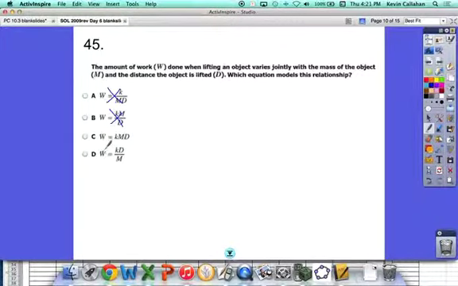D looks like a direct variation with d and an inverse variation with m, so that's not it. And again, the joint variation is when it's a direct variation, meaning everything's in the numerator here with a product. So W and MD, and the K is the constant of variation. So this is the right answer.